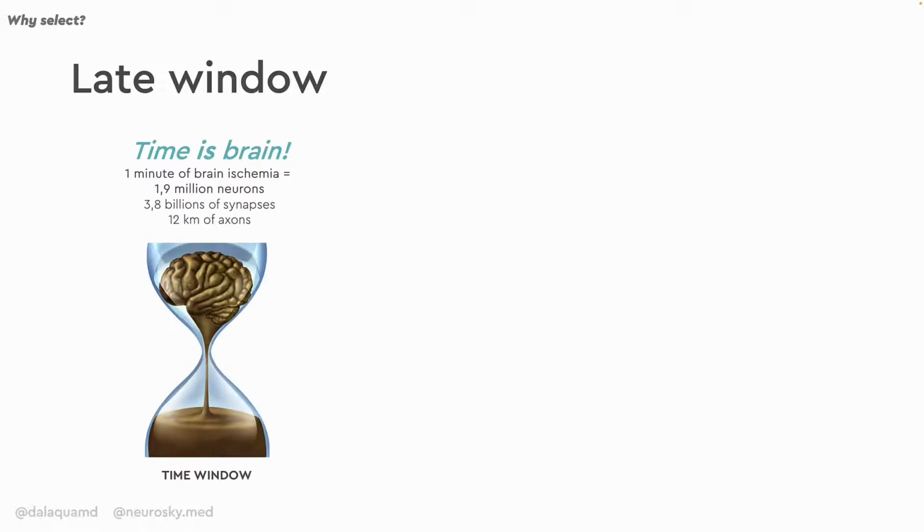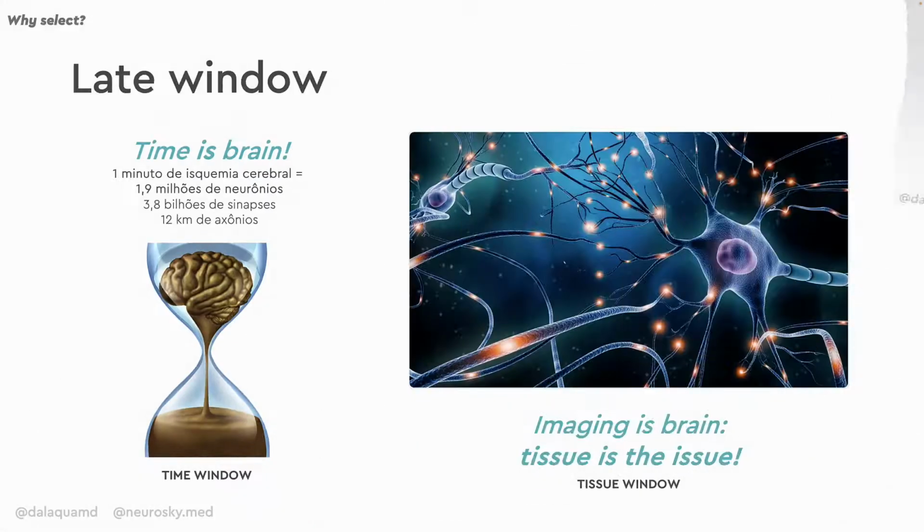If you talk about the late window, we should keep in mind that, of course, time is brain. One minute of brain ischemia can kill many neurons in the middle. We think about something like 2 million neurons each minute, or 12 kilometers of axons. So we always talk about this time window. But we should keep in mind that nowadays imaging is brain, because tissue is the issue.